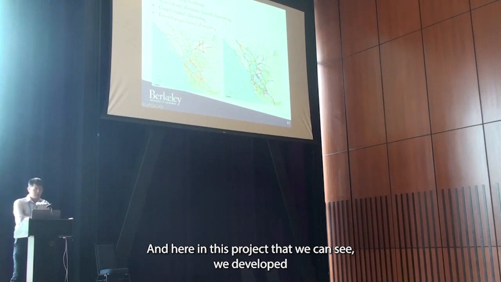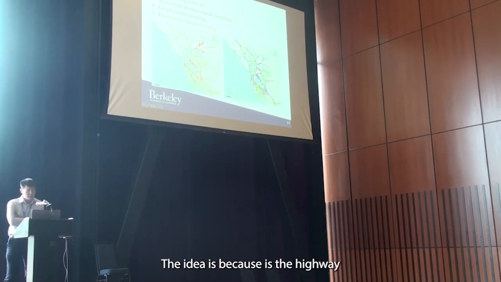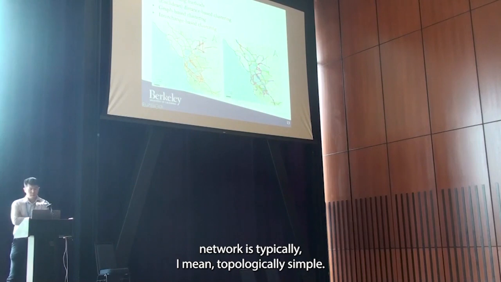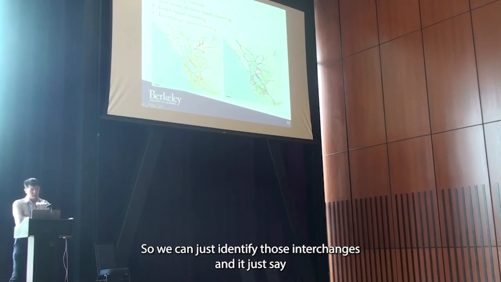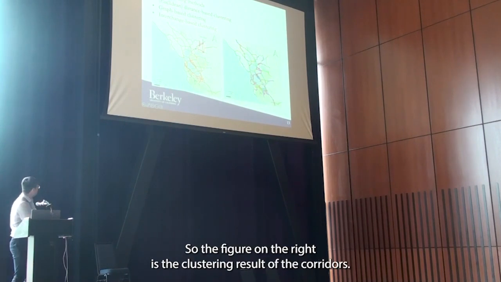In this project, we developed a simple interchange-based clustering. The idea is that the highway network is typically topologically simple, so we can just identify those interchanges and assign all the bridges between two interchanges as a corridor. The figure on the right is the clustering result of the corridors.